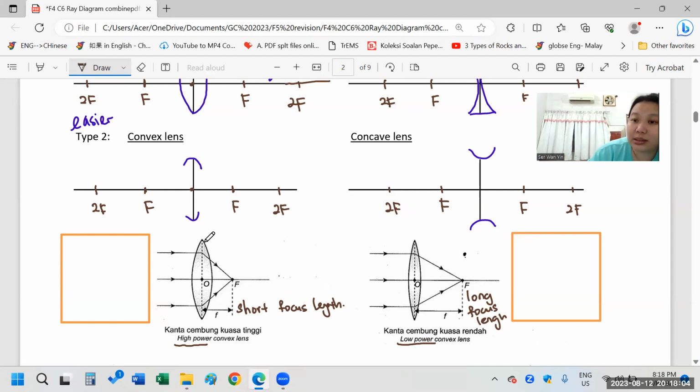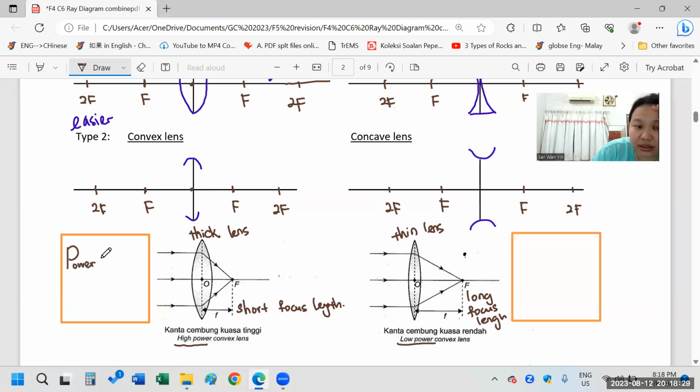Okay, so normally we say what? We say this is a thick lens, so short focal length. Then if this is a thin lens, then it will have long focal length. Okay, then here you write power of lens.